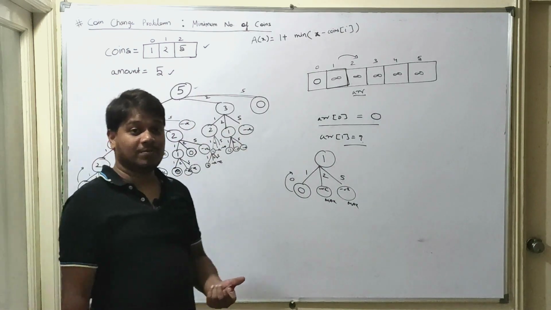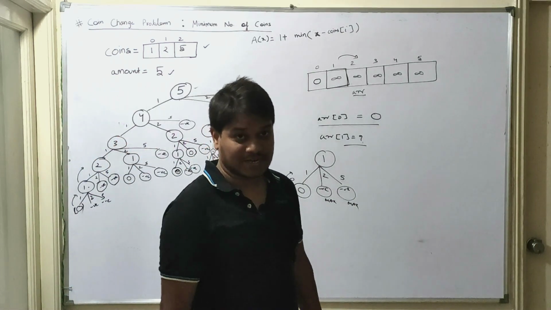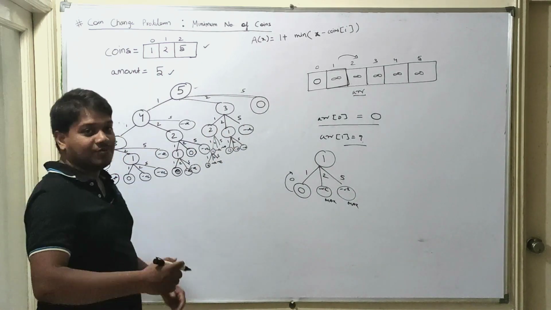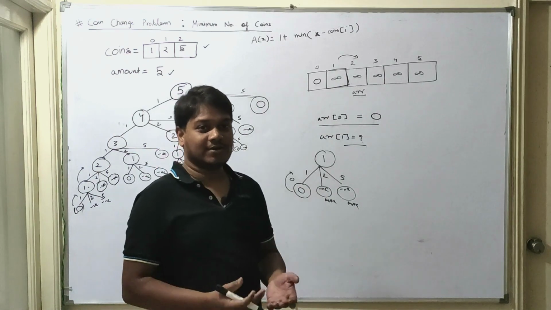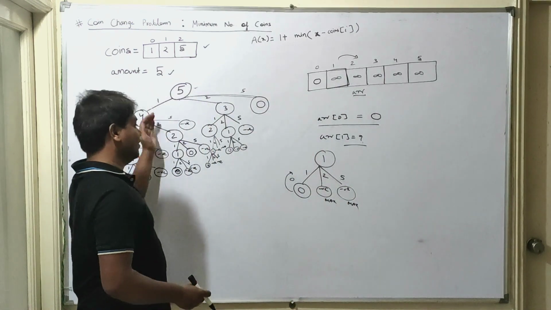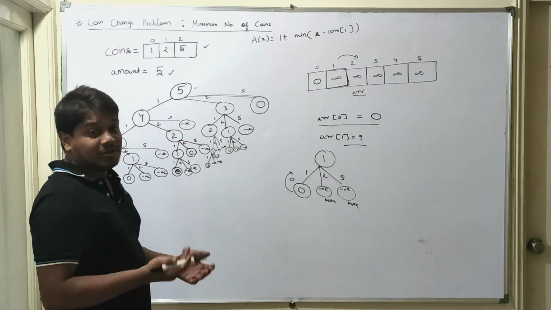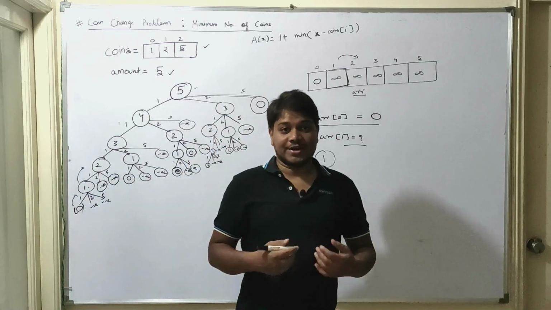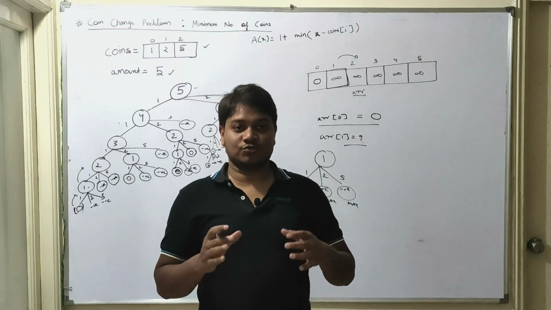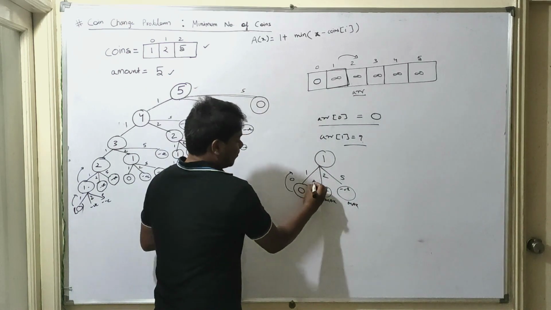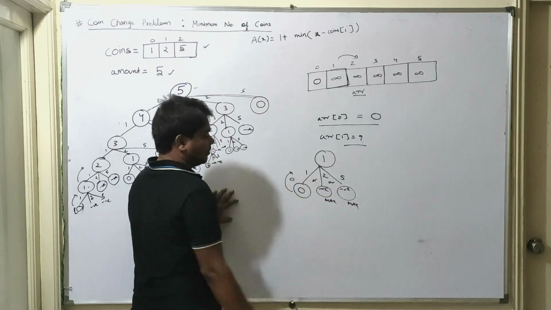We want the minimum number of coins to make change for that amount. There are various other solutions. If you trace all the paths of this recursion tree, you'll get various solutions, but we want the minimum out of those. At every point in the tree we have a choice to make: either we can go in this path, or this path, or this path.